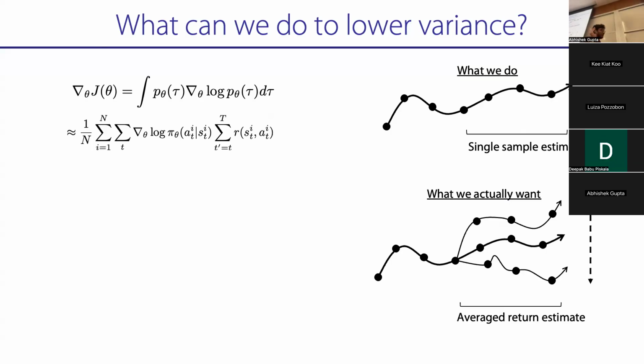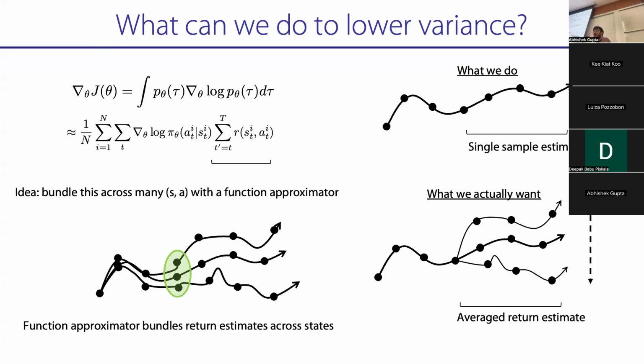And so while I want a lower variance estimator, it's hard to get that. So what we're going to do, like any good deep learner, is use the magic of function approximation. I might not ever end up in the same state exactly, but I might end up in close by states. What function approximation allows us to do is, if I train on this, this, and this, I can bundle the states together because they have some similarities.